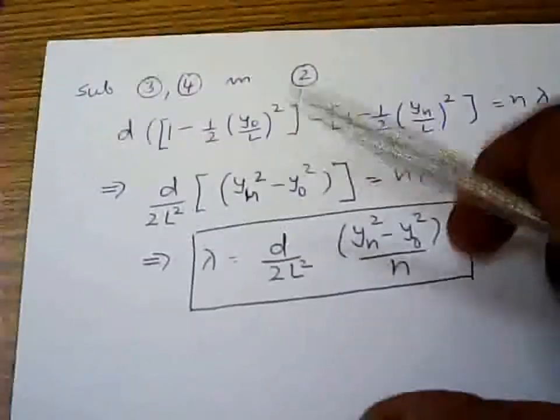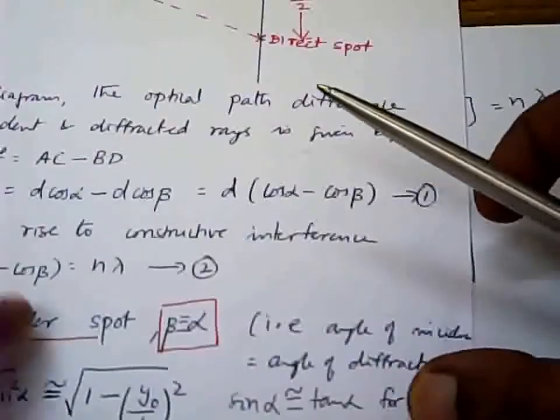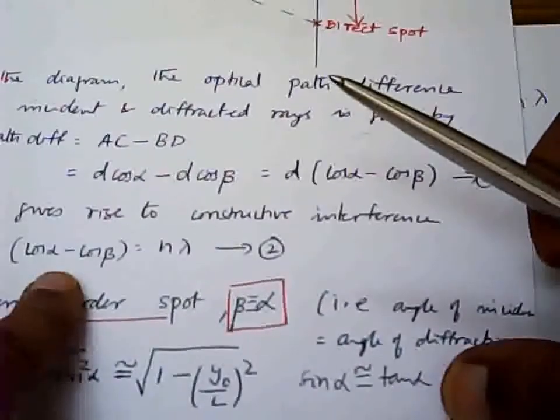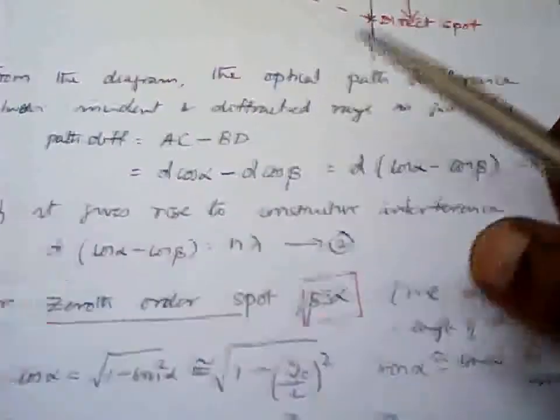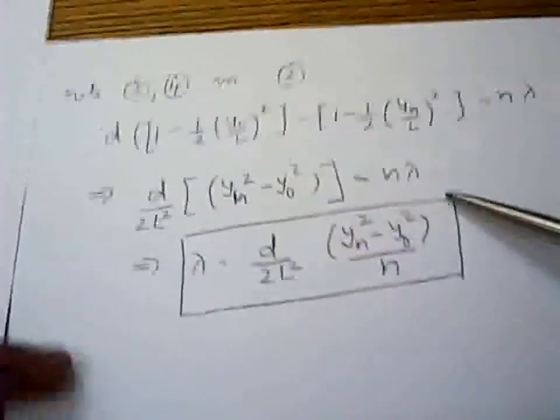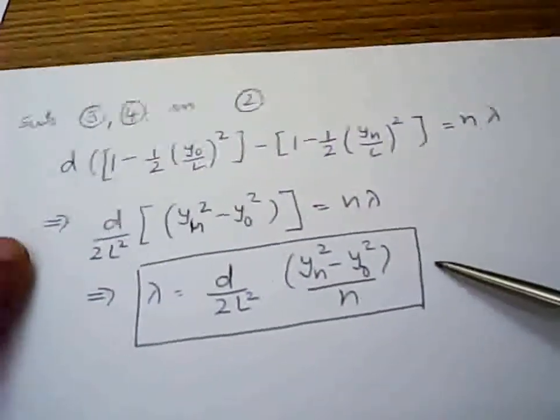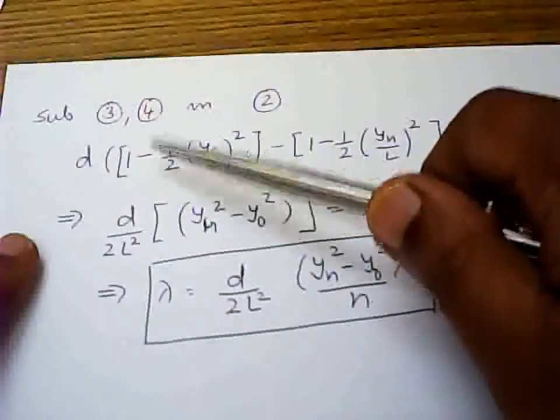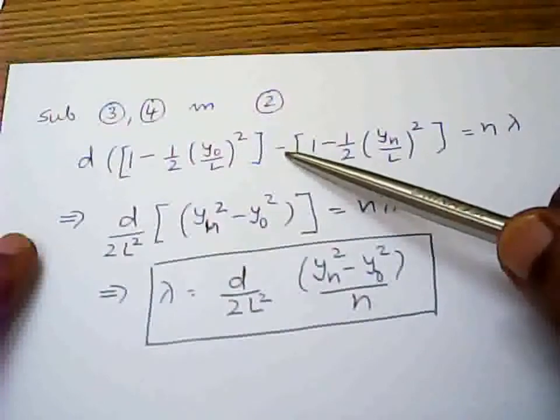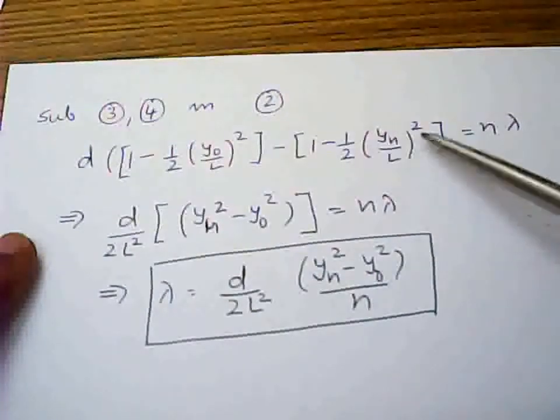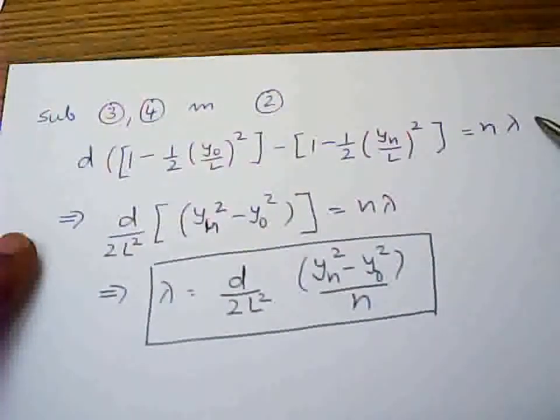Now what we are going to do is substitute these two equations, equations 3 and 4, in equation 2. Equation 2 is basically, you can see it here, d into cos alpha minus cos beta is equal to n lambda. So when I substitute these two equations there, I get d into 1 minus half y naught by L whole square minus 1 minus half yn by L whole square, which should be equal to n lambda.